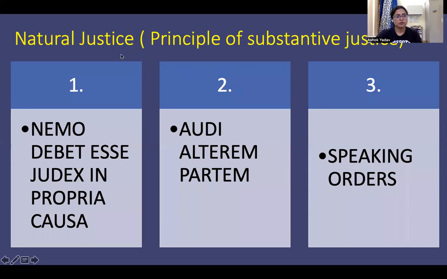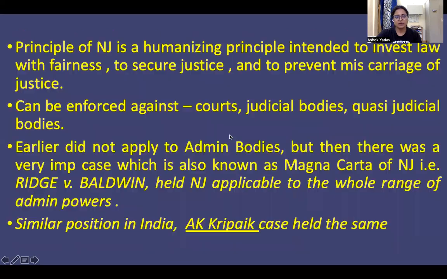Now, when we talk about administrative law, then we definitely have to talk about the principle of natural justice, which is also called the principle of substantive justice. It is basically based on three principles: nemo debet esse judex in propria causa, audi alteram partem, and the third one is speaking order. So now we will be covering each one of them one by one.